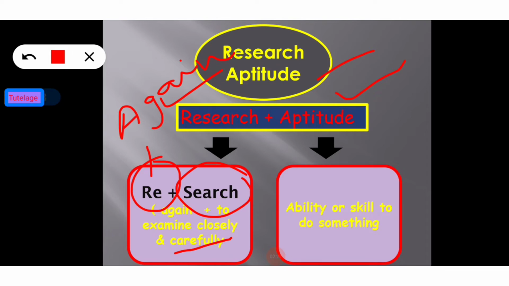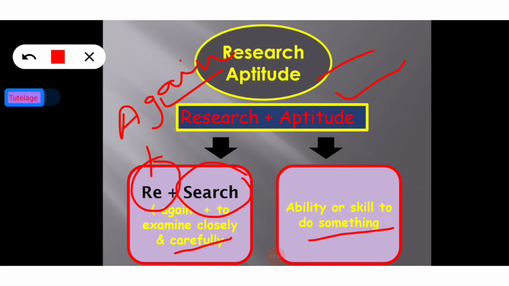So research is the careful, patient and systematic study in some fields of knowledge. In simple words, research can be defined as the in-depth study of something in search of some new information. And aptitude means ability or skill to do something.